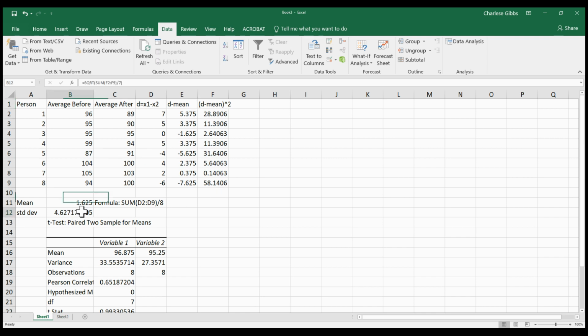Then let me use this formula, copy this formula, of the sum of the squares. These are my squares. Sum of squares divided by n minus 1. And that's how you find it in Excel.